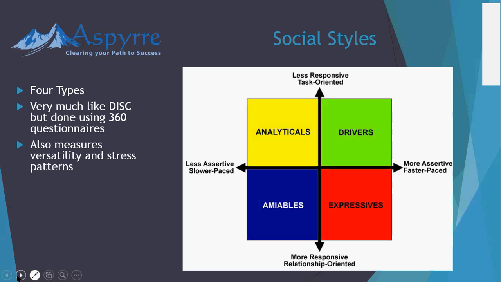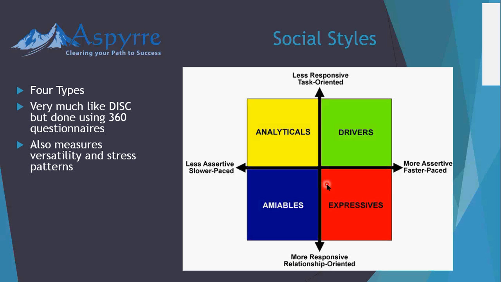It also measures versatility and stress patterns. With this particular assessment, if you score in the middle, sometimes that means you're more versatile, but sometimes it doesn't. There's another versatility measure that they sometimes do in the 360 questionnaires. And there's also a stress pattern.